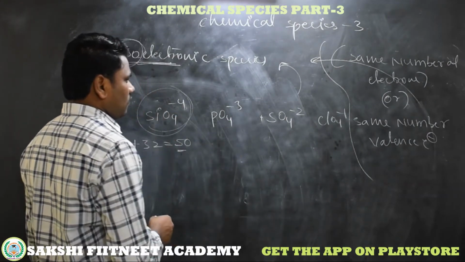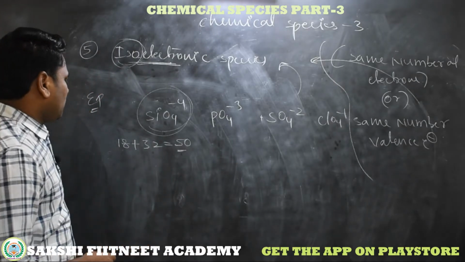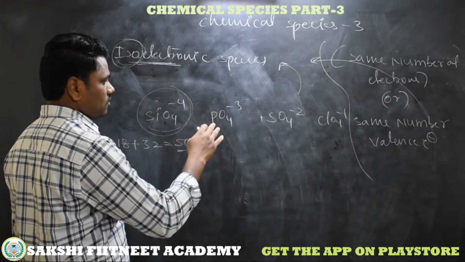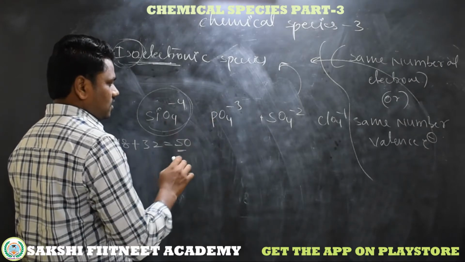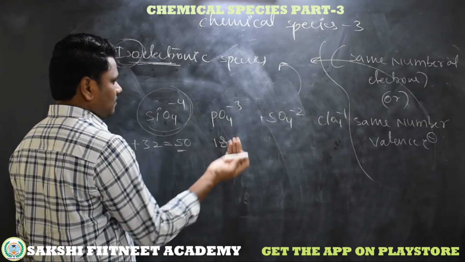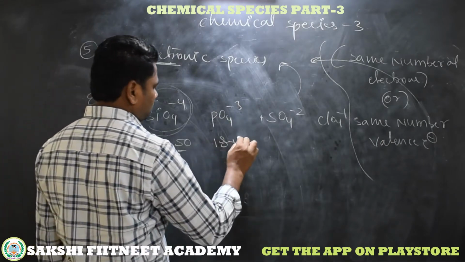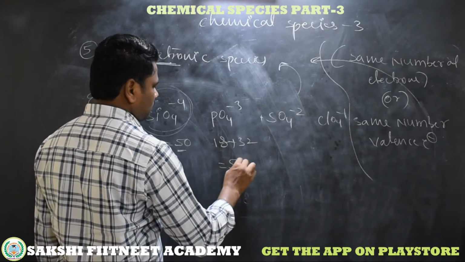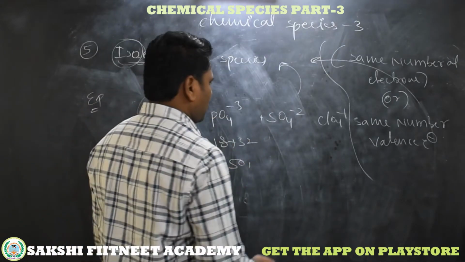Now coming to PO4 -3: phosphorus 15 plus 3 gained gives 18, plus the same 4 oxygens, 32. Obviously 50. Here also you get the same value.